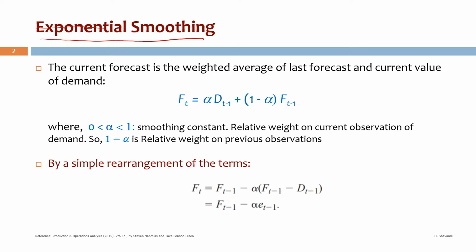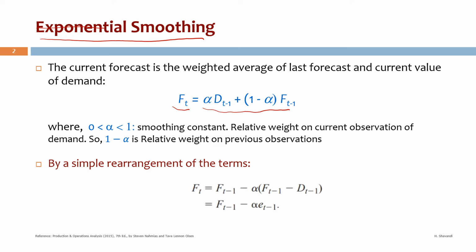In this method, the current forecast, which will be for the next period, Ft, will be a convex combination, or a weighted average, of the current observation, the current demand, and the last forecast, which is Ft minus 1.